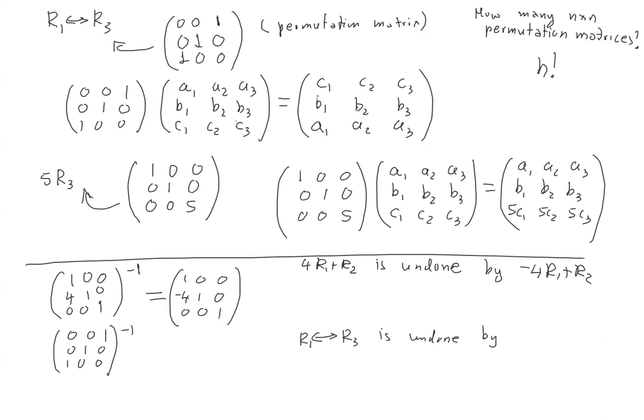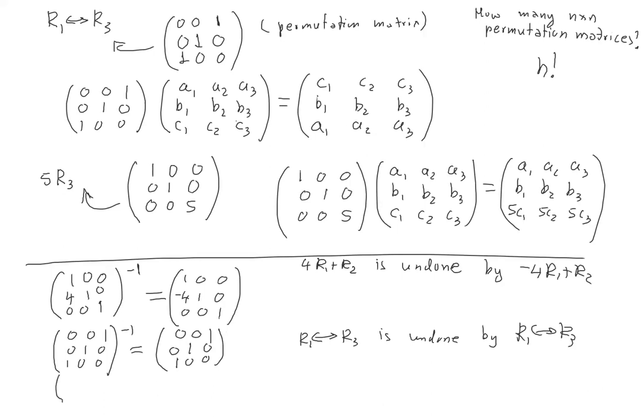Yeah, exactly. So it's the same thing pretty much. Row 1 with row 3. So guess what? All of these matrices have as inverse themselves. Not every permutation matrix, but these matrices that just flip a row.